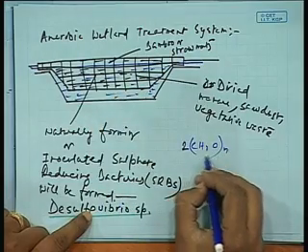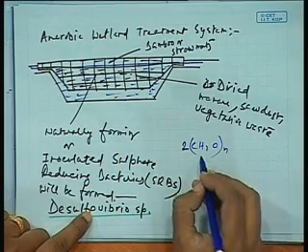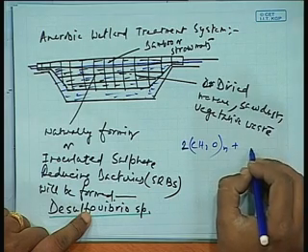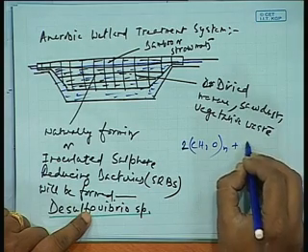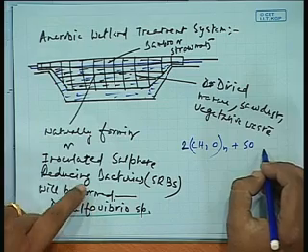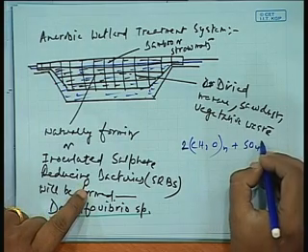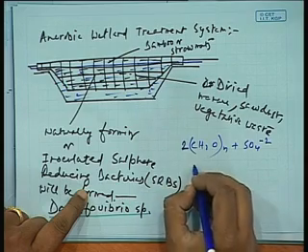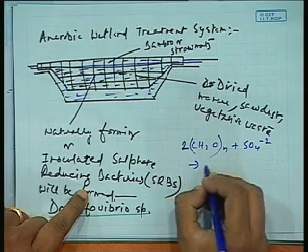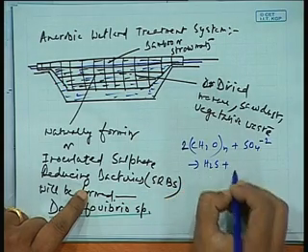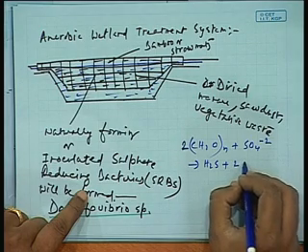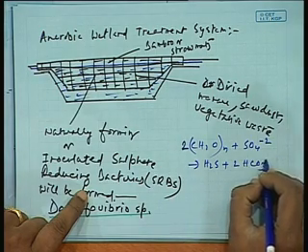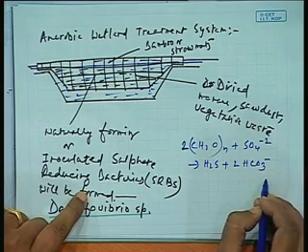This is an organic substance, plus sulfate, with sulfate reducing bacteria, SRB. This would finally form H2S plus 2HCO3 minus. The bicarbonate would be formed.